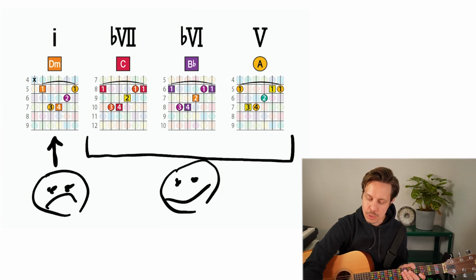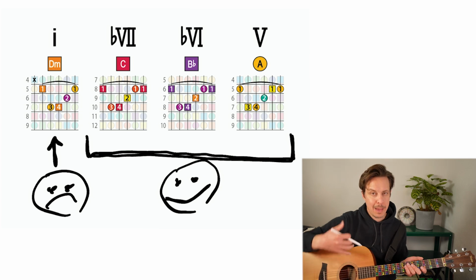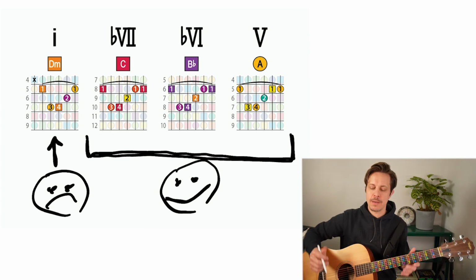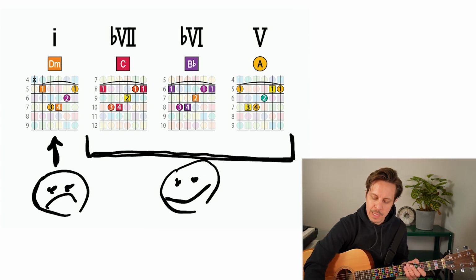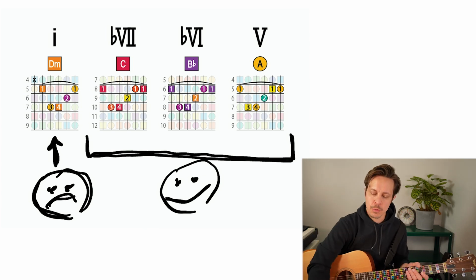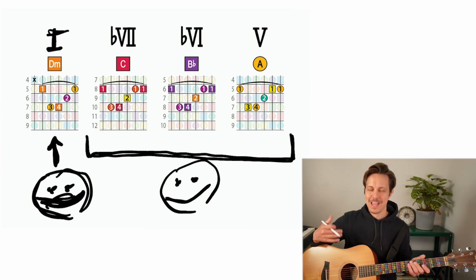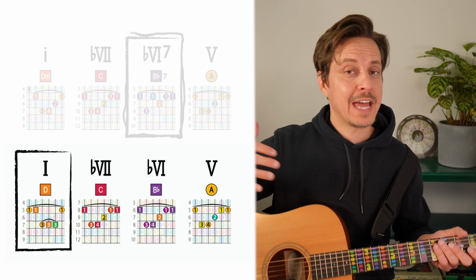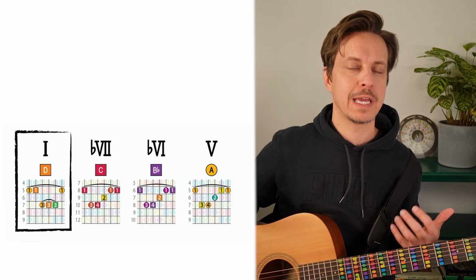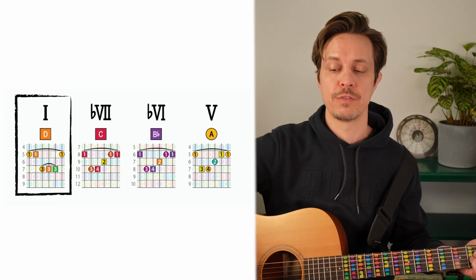So even though the majority of the chords, 3 out of the 4 chords, are major chords with a happier, more buoyant feeling to them, this minor tonic really kind of sets the general tone, hence the name tonic, of the progression. So by raising this to a major 1, we turn that frown upside down and give it more of an upbeat sound. That is definitely a departure from the typical Andalusian cadence, but like I say, you can play around with it to come up with some cool variations.